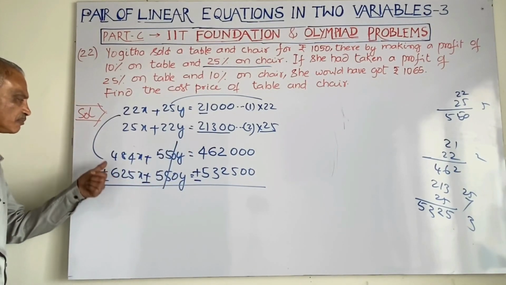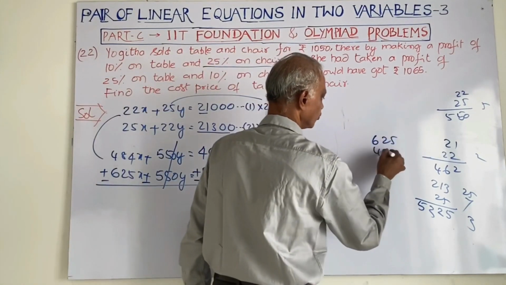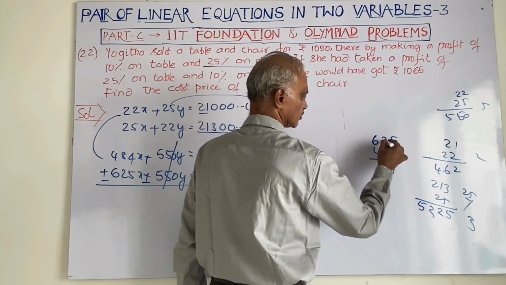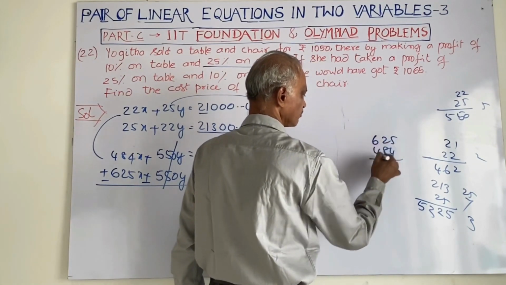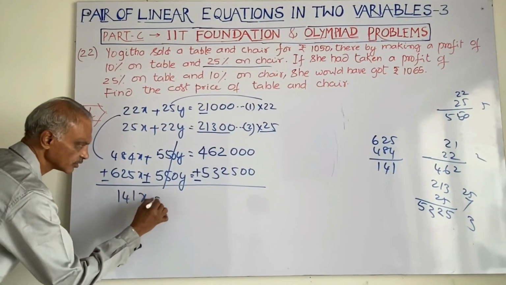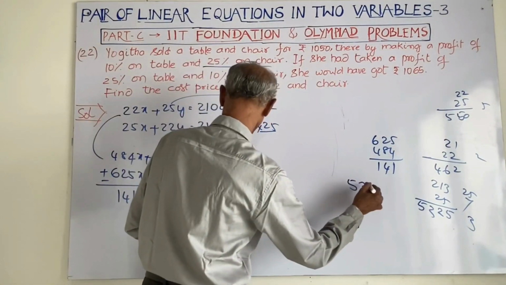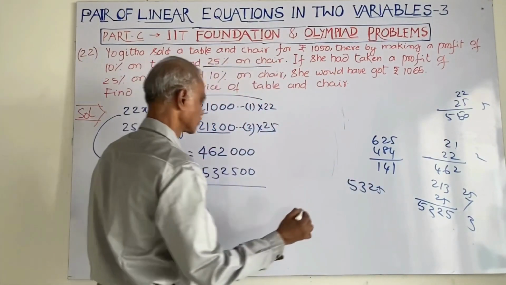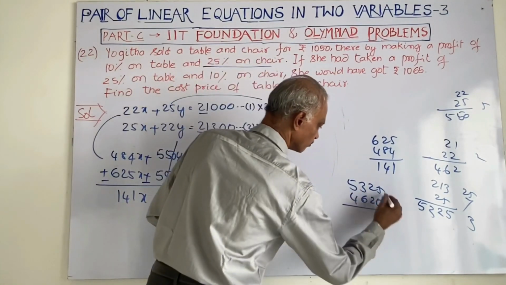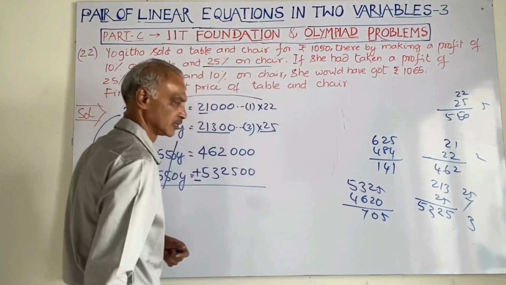Then 625 minus 484. 625 minus 484. 1, 12 minus 84, 5 minus 4, 1. 141x is equal to 5325 minus 40, 5, 0, 13 minus 6, 7.